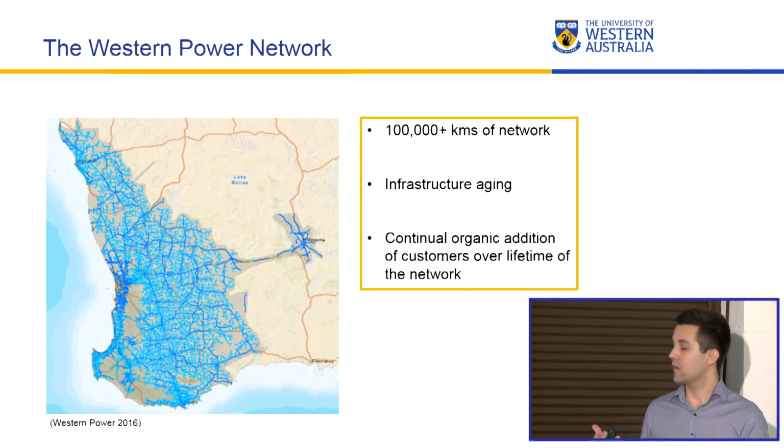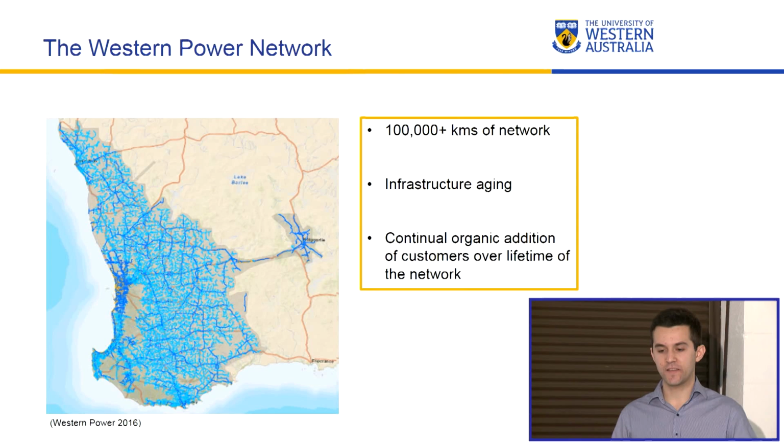Additionally, in rural areas in particular, a lot of the infrastructure is actually aging. It was originally established in the 1970s, roughly. Since then, some parts of the network have been replaced, of course, and maintenance has occurred, but there are still large sections of the network in rural areas which are nearing the end of their design life. So they will need to be replaced in the near future before they fail.